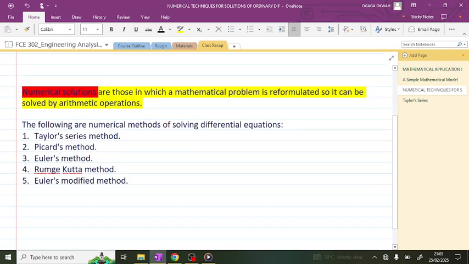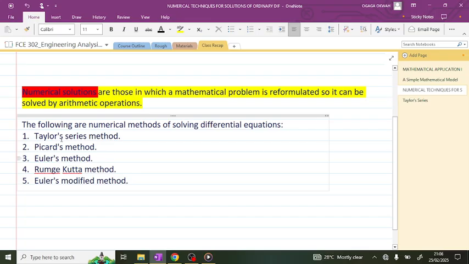The definition just points out what I've been saying so far: numerical solutions are those in which a mathematical problem is reformulated so it can be solved by arithmetic operations. Since we cannot get an exact solution, we have to reformulate it in a way we can use arithmetic operations to solve it.